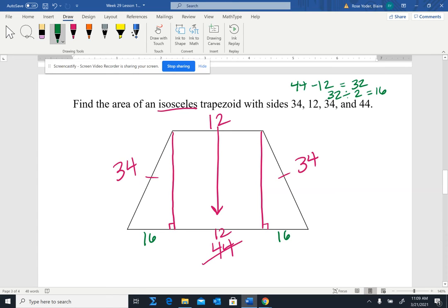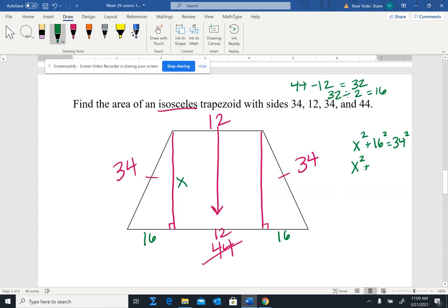And then this one does still involve algebra. I'm going to probably still use my formula with the mid-segment, but the difference this time is I don't know the height, so I still do have to do Pythagorean theorem in order to find the height. So x and 16 are my legs. 34 is my hypotenuse.